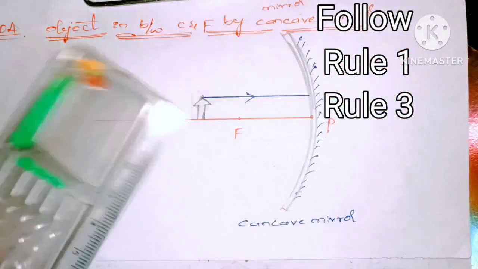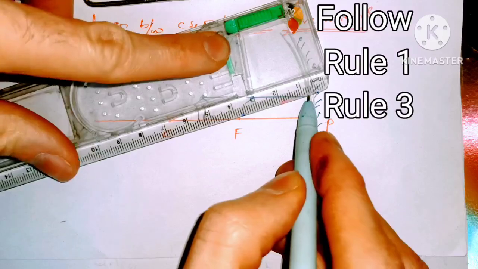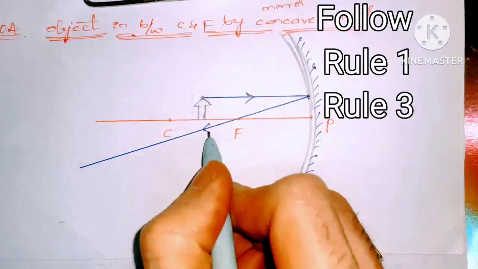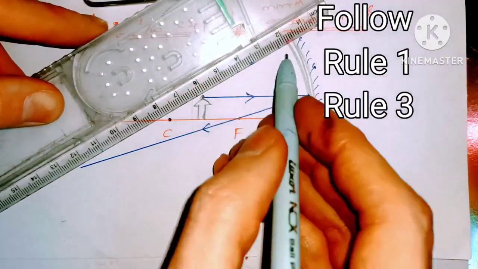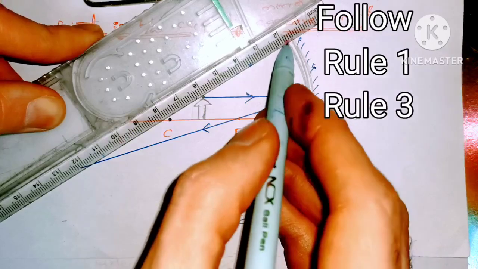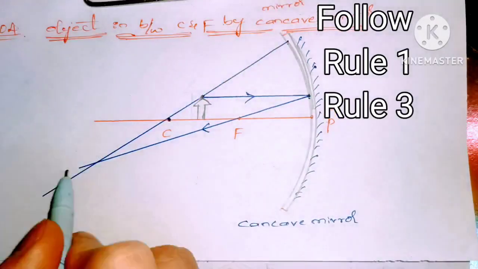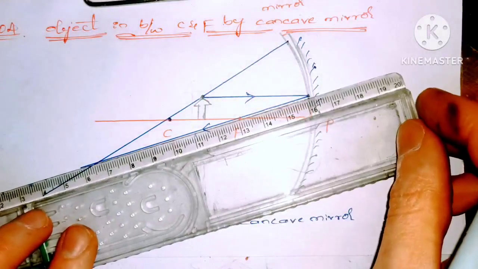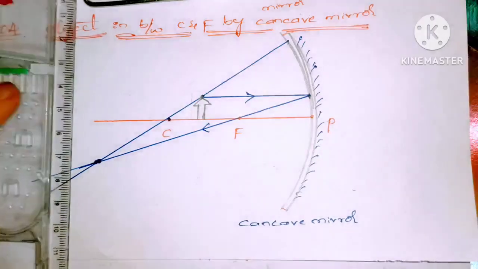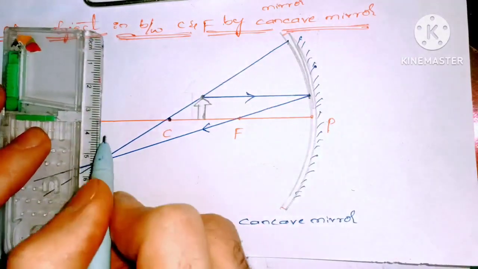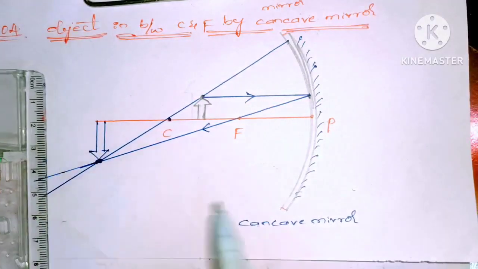Now move on to the object between C and F. Now as usual, the first rule we have to follow here, parallel and reflect on F. Now you see we are following here the third rule. Observe carefully where I am keeping the scale, and now you draw, and somewhere else these 2 lines intersect, and where they intersect, there you have to draw the inverted image.